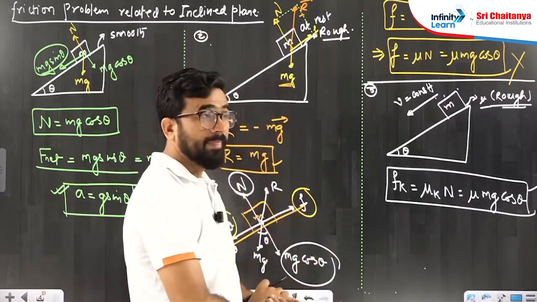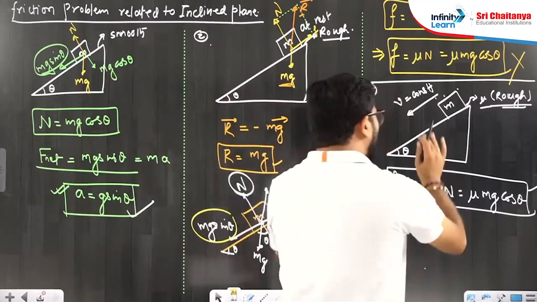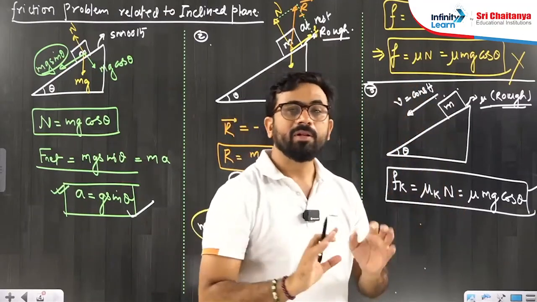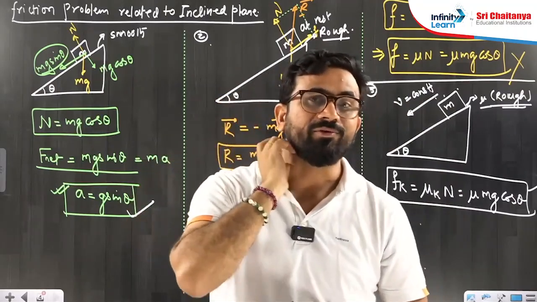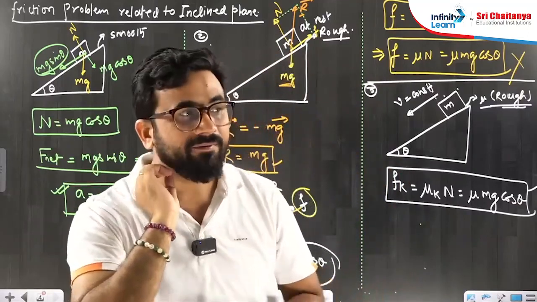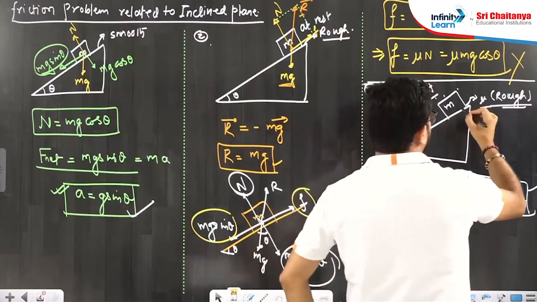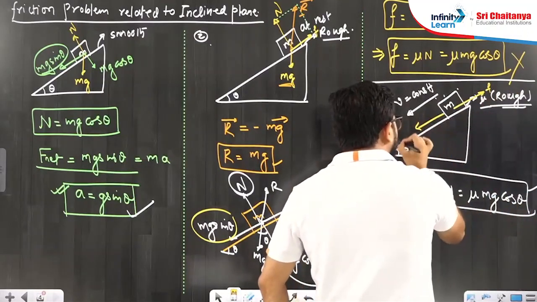One more concept, try to understand. If this block is moving with the constant velocity or constant speed, what is the meaning? That means net force still is 0. If still the net force is equal to 0, that means we can say directly, this is friction, that is the mg sin theta.